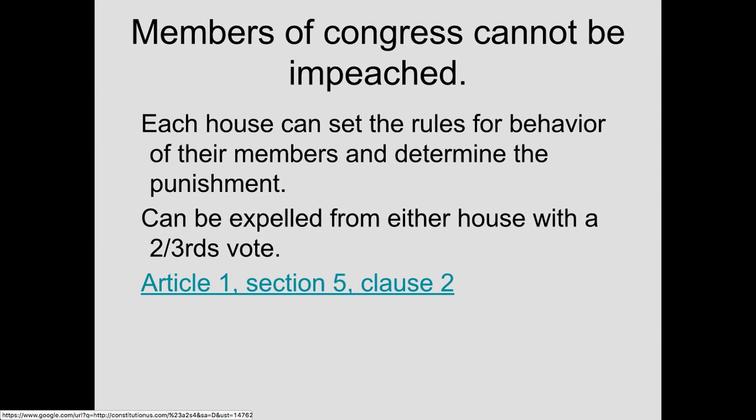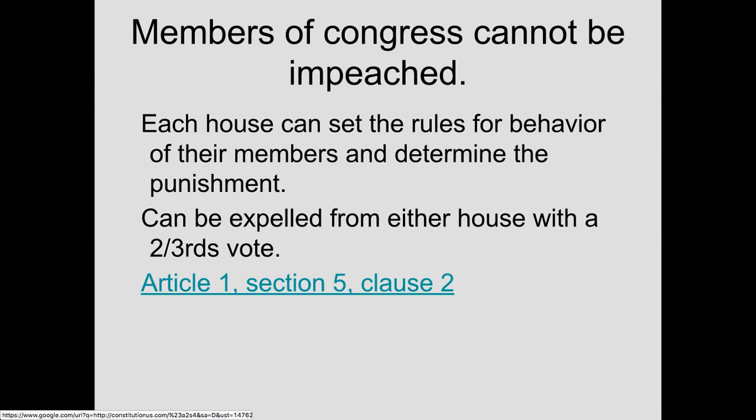As far as members of Congress, the Constitution says that a member of Congress cannot be impeached. However, the Constitution specifically states that each house gets to set the rules for the behavior and conduct of their own people, and they have the authority to punish them however they want, whatever rules they have, and you can even be expelled.